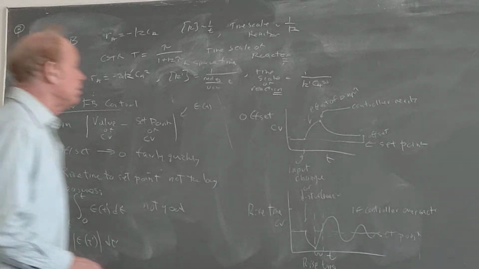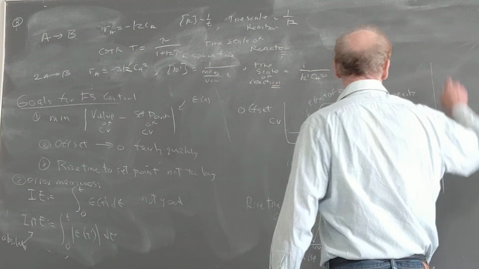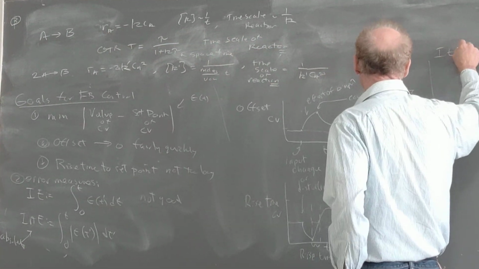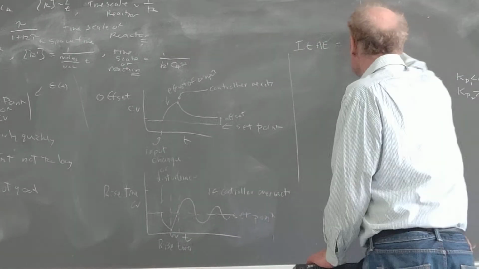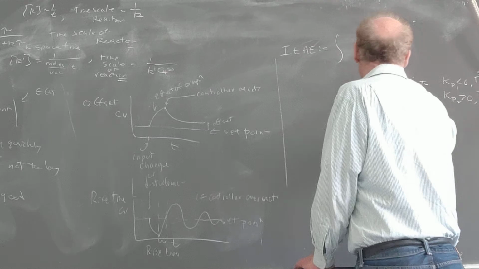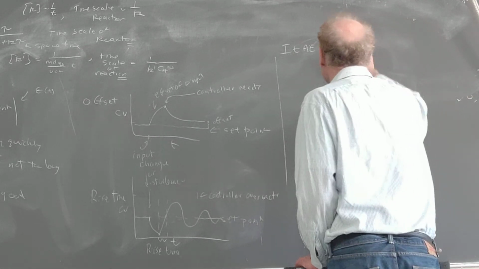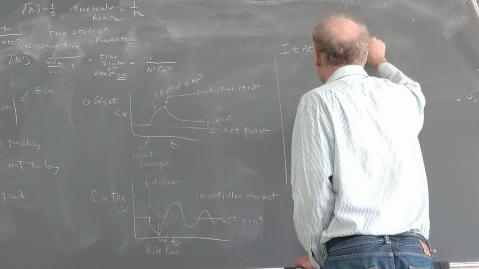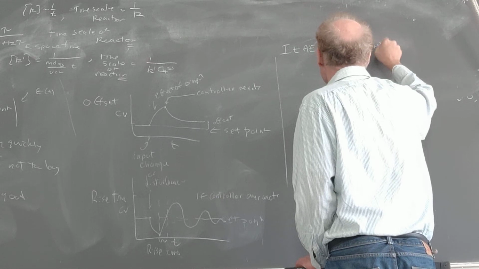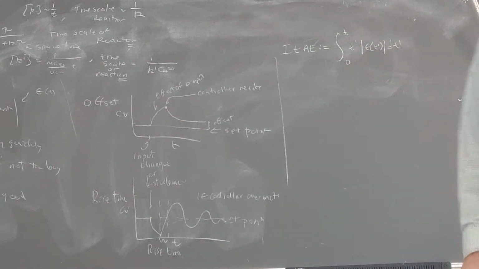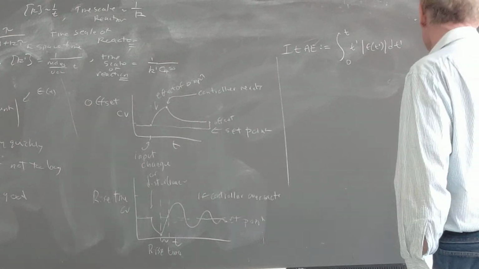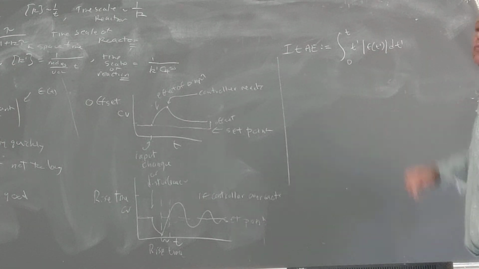And there's a final one that I'll end with today, and that's the integral time average absolute error. And that's the integral from 0 to t of t' times the magnitude of epsilon of t', dt'. And why is that one useful? So I multiply by t'.